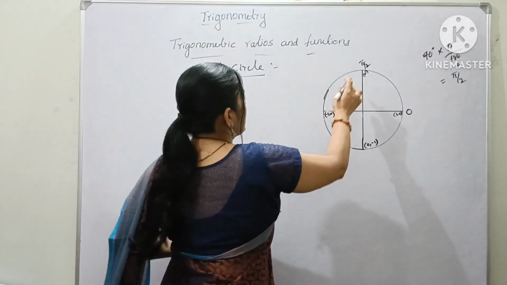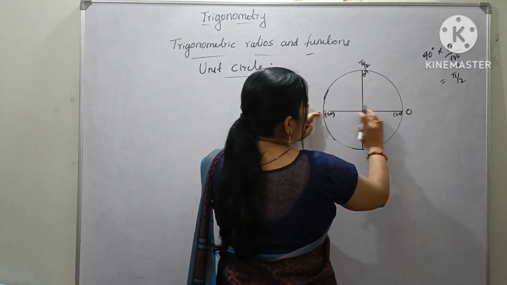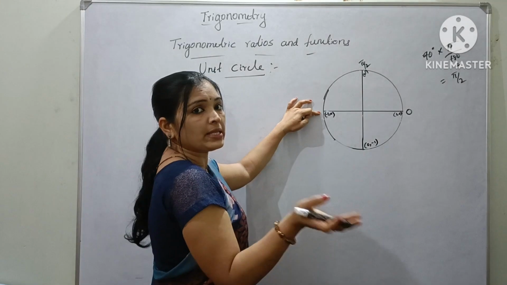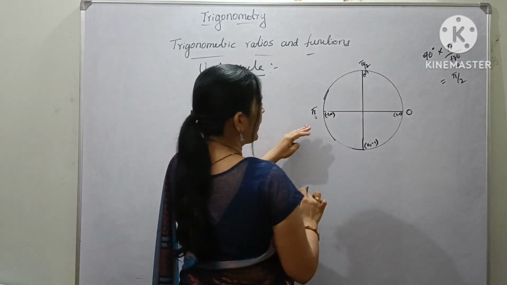And from here, pi by 2, to here it is 180 degree, and 180 degree in radian is pi.